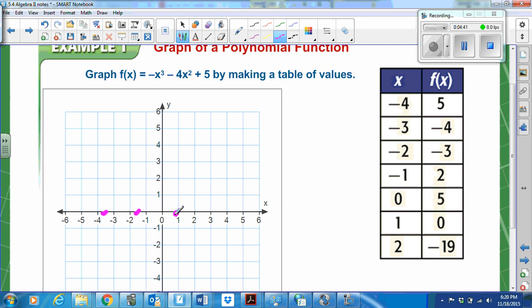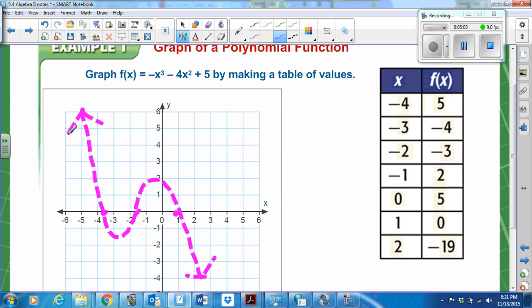So we'll just put that one right there. What we have is an odd function, and it has a negative lead coefficient. So we know it's positive leading into this, and it's negative, it goes up here, and then the values stay negative for the rest of the time.